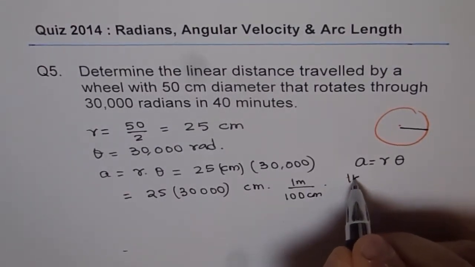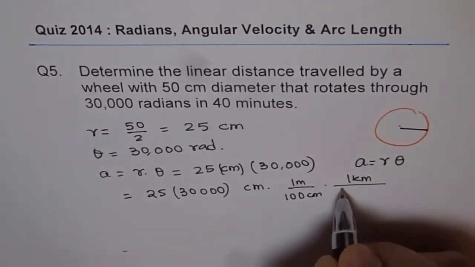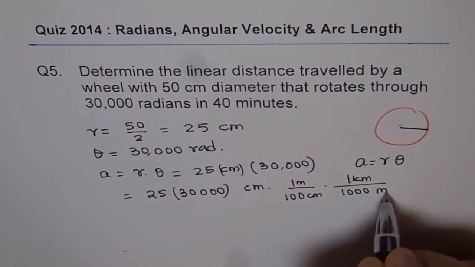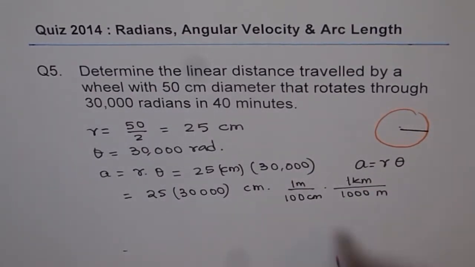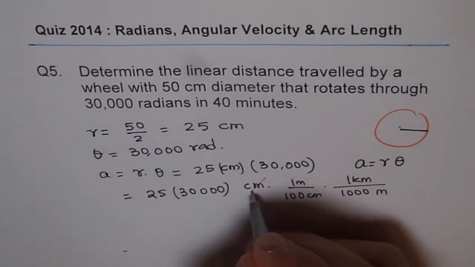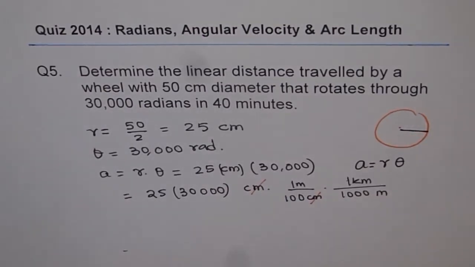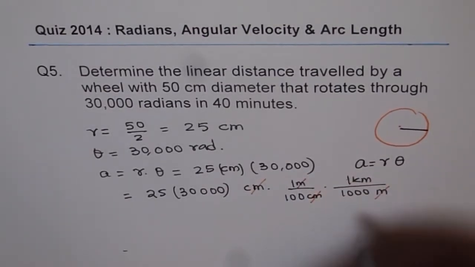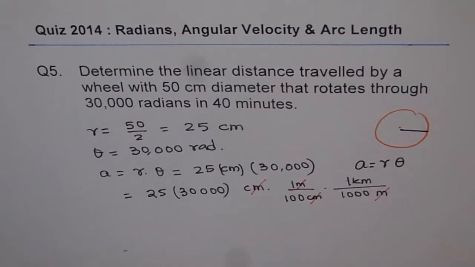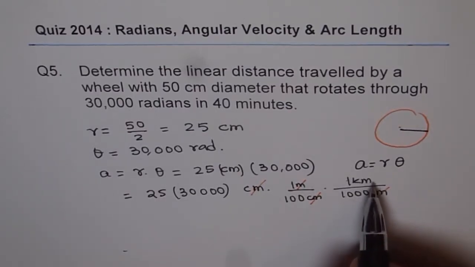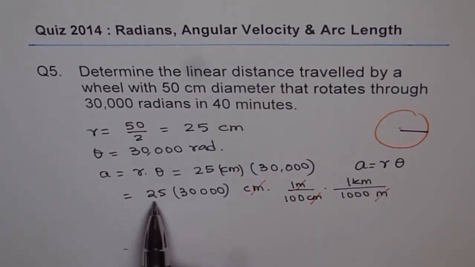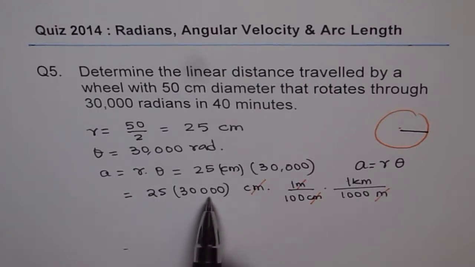And 1 kilometer is equal to 1000 meter, correct? So that is how we can convert the units. You see, centimeter and centimeter will cancel out, meter and meter will cancel out. What remains is kilometer.